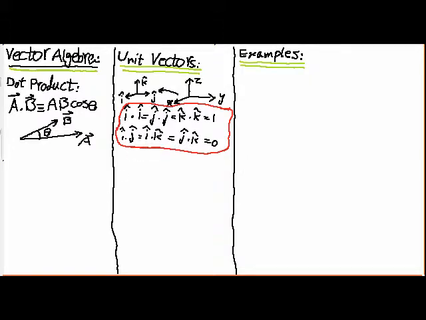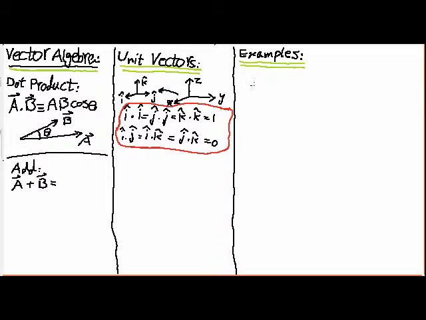Okay, now let's say I want to add two vectors. So let's say addition of vectors. Let's say I am going to add A and B. What is that? Let's make some examples here.